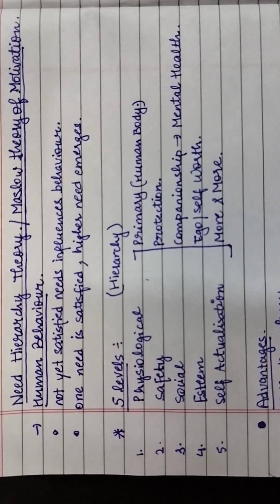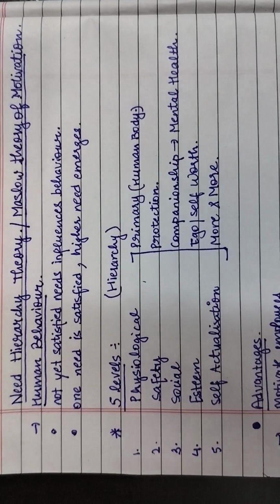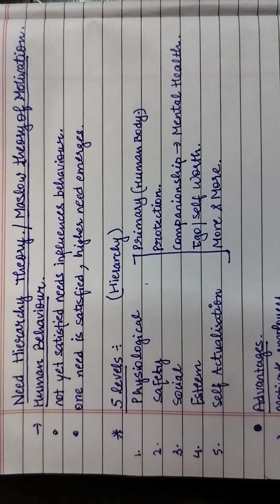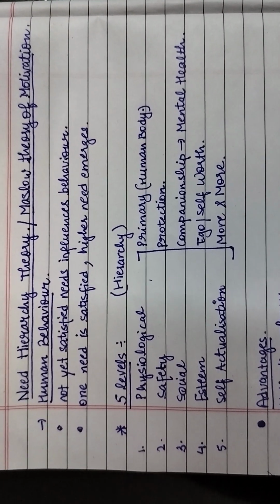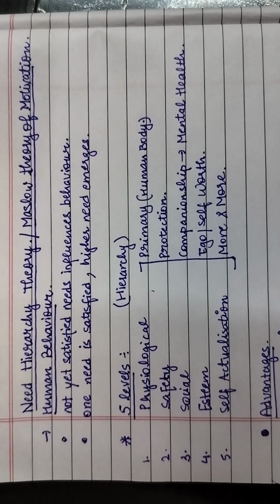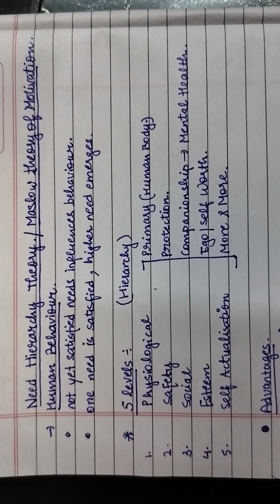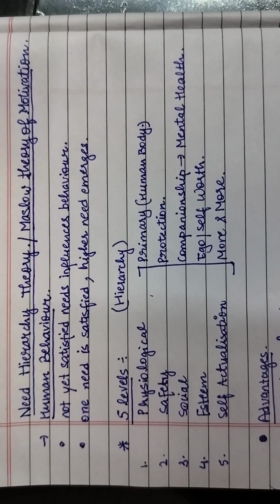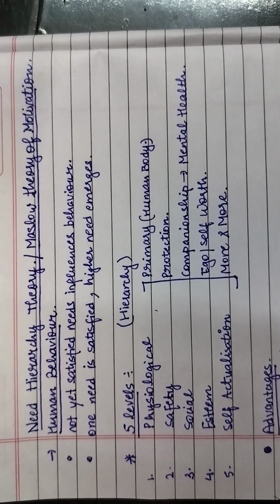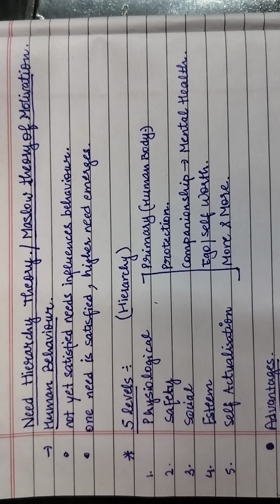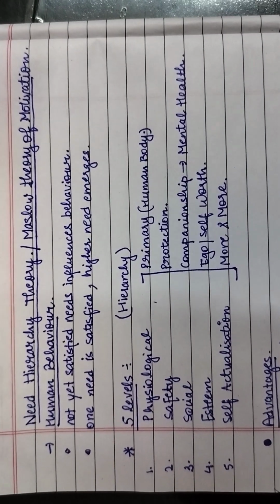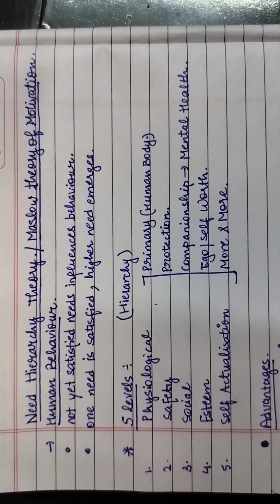Third, social needs in an organization could be related to the different formal or informal groups that one has, basically companionship, networking, or like that. Fourth is esteem. Esteem could be your self promotion, self potential, or promotions, or the confidence in one's ability of work.